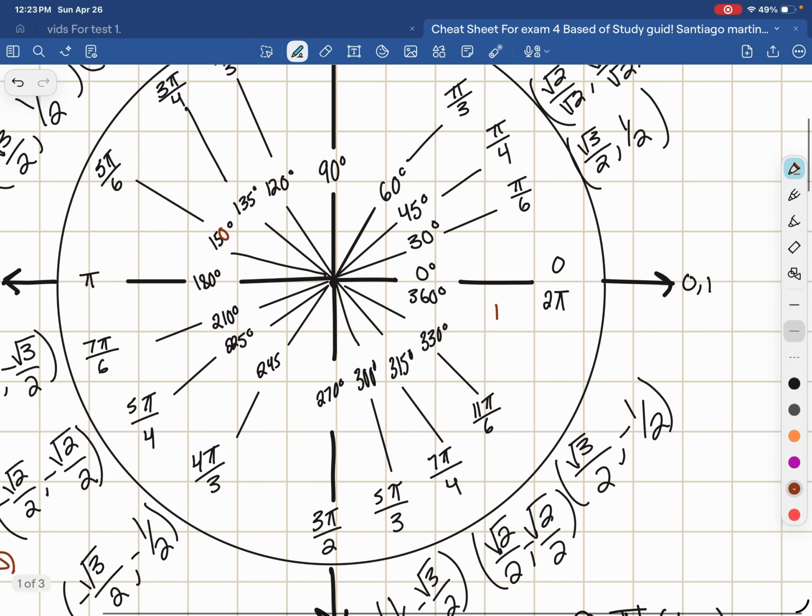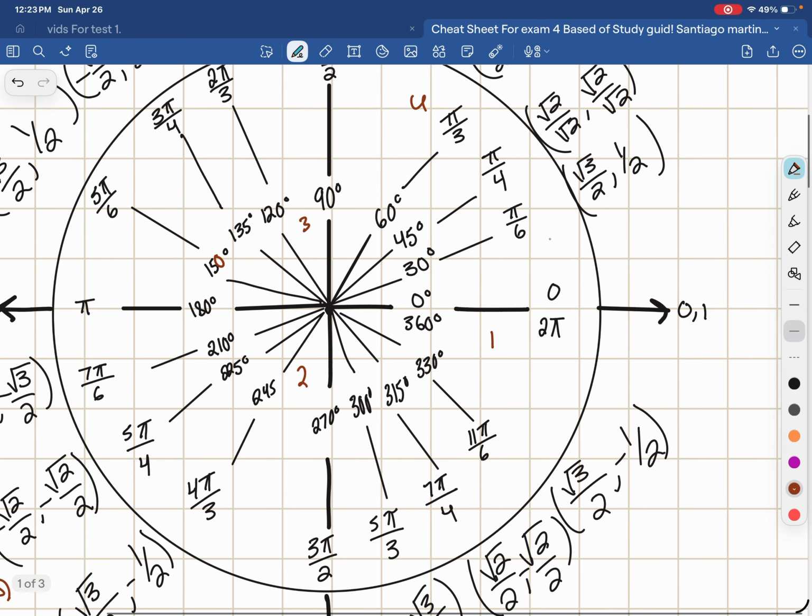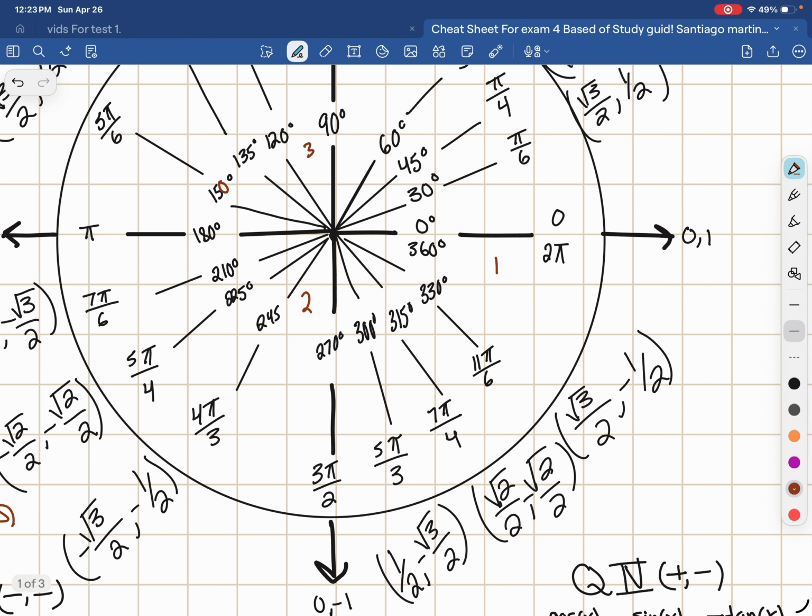So if this was quadrant 1, now quadrant 2, quadrant 3, and quadrant 4, we would count by degrees, right? So we would have 60, 45, 30, right? 90 degrees.